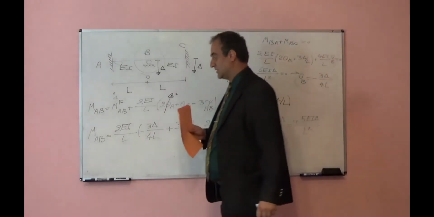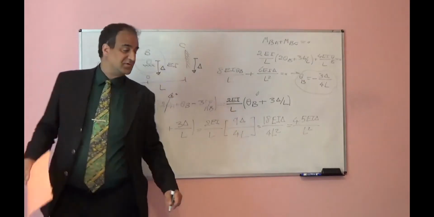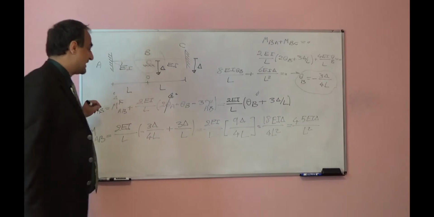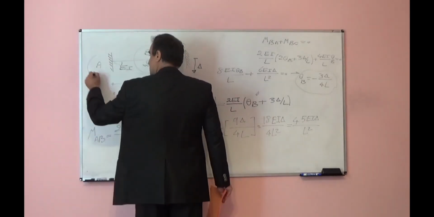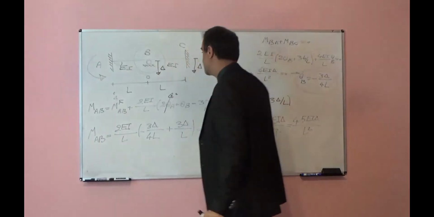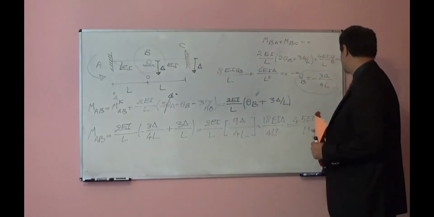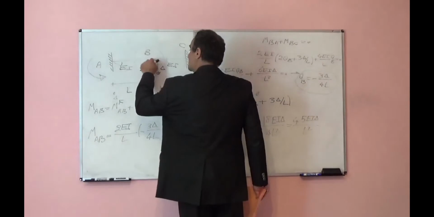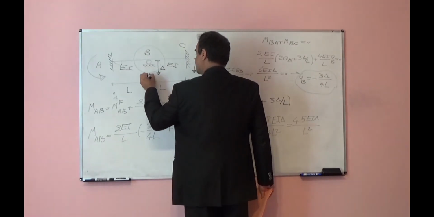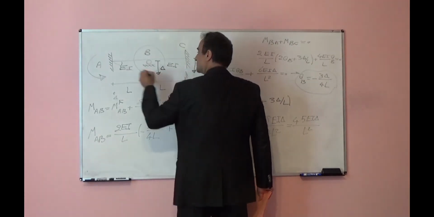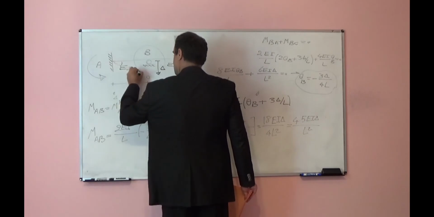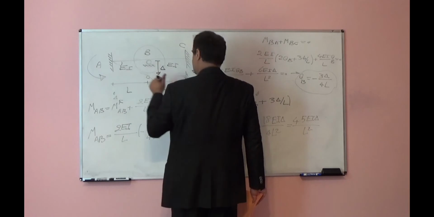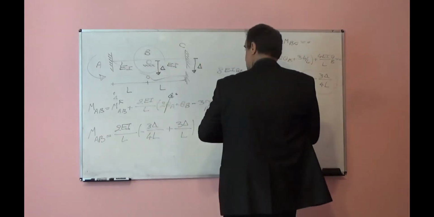Now, the final answer for AB is positive. It means this reaction should be in the counterclockwise direction. Theta B is negative, meaning that this joint, if we have settlement, will rotate clockwise, something like this. You see the deformed shape.